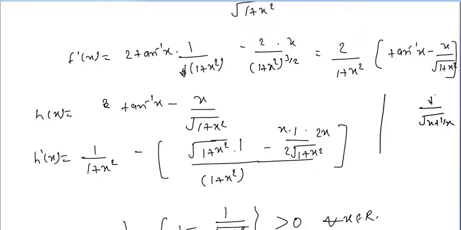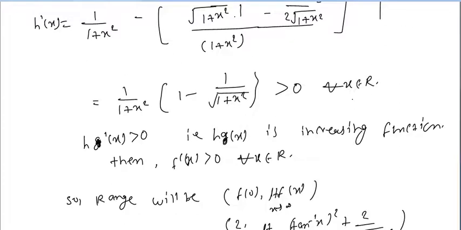So this part is always less than or equal to 1 by 2. And for this part, the range is minus pi by 2 to pi by 2, but for positive x this part is always greater than 0 and less than pi by 2. Clear guys? So it will be positive, then our f'(x) is positive.